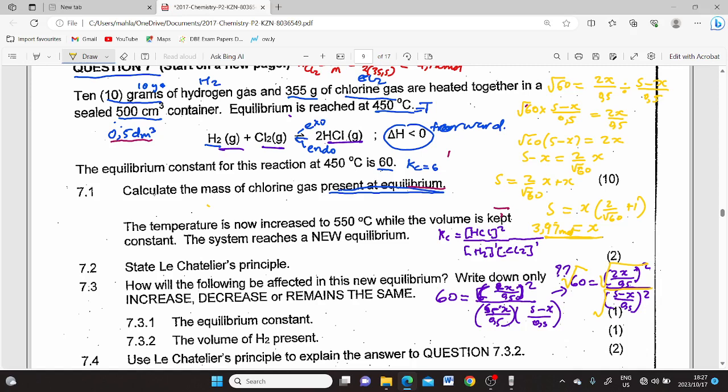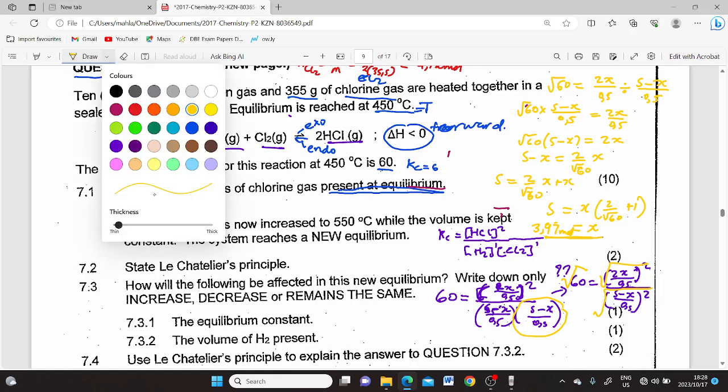So let's see the ones that are present at equilibrium. So we removed our table, but for the chlorine gas we had something like this. So to get the number of moles at equilibrium, we're going to take this. Let's write it here.